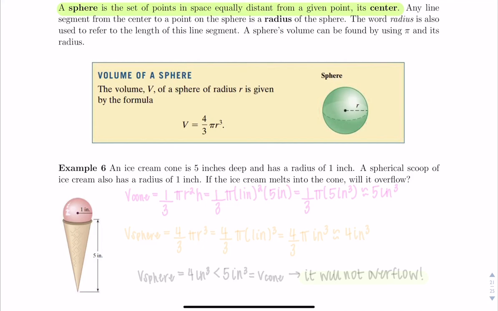So we are comparing the volumes. We want to see if the volume of the cone is big enough to hold the volume of the sphere, or the ice cream scoop. So let's do the volume of the cone first. A cone's formula is given by 1/3 pi r squared h.